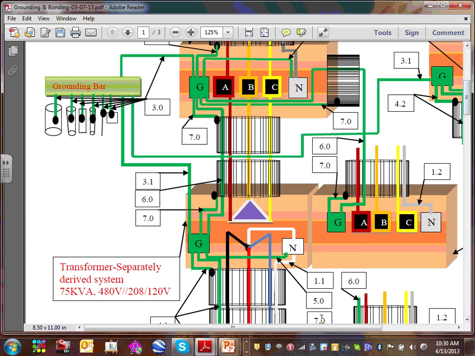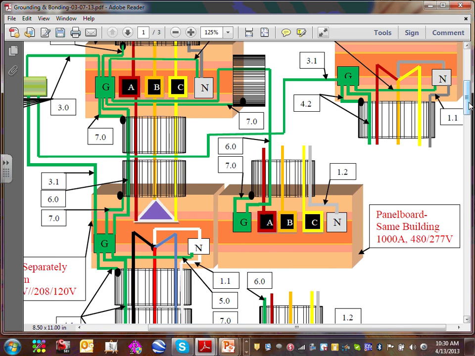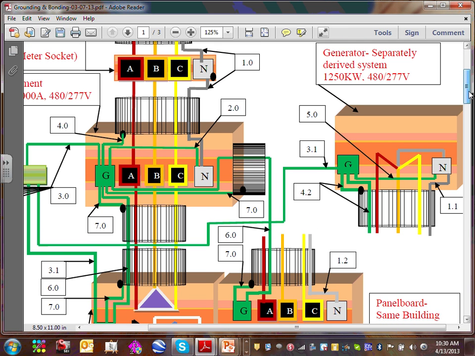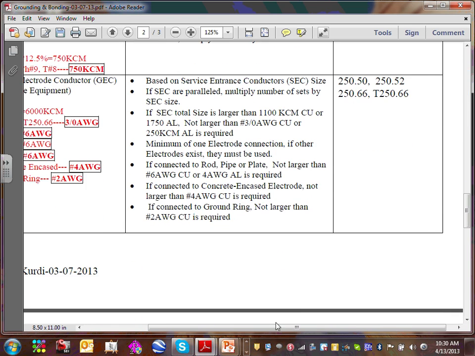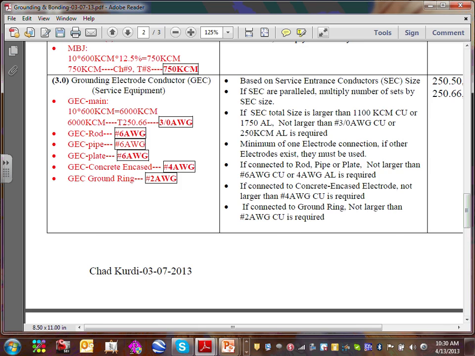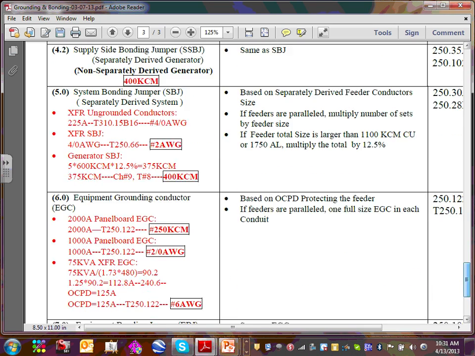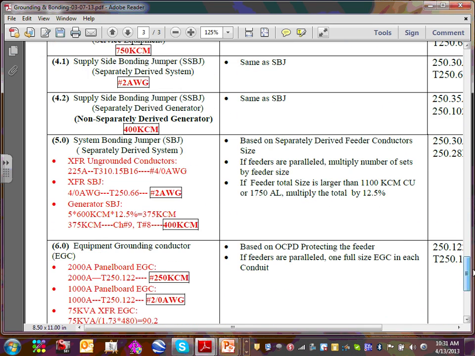If you go to the next one on the generator, I'm going to go to number 5. Number 5 is the main bond, the system bonding jumper for the gen. Focus on the gen. Here's number 5, generator system bonding jumper.